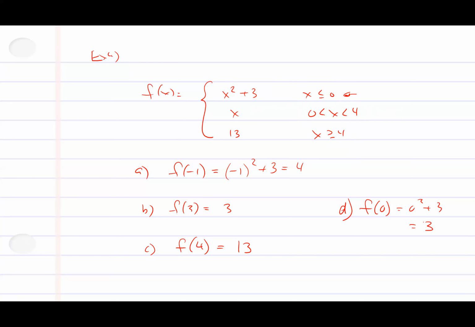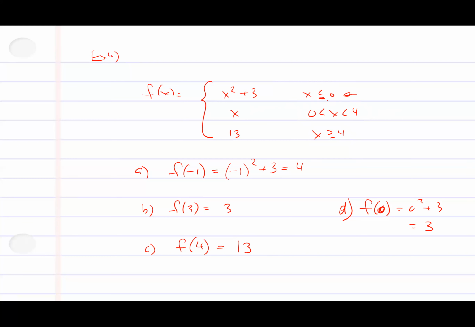Okay, cool. So why would you not use x is less than or equal to 4? Because we're plugging in 0 itself. And because it's a 0, it falls into this category of less than or equal to 0.